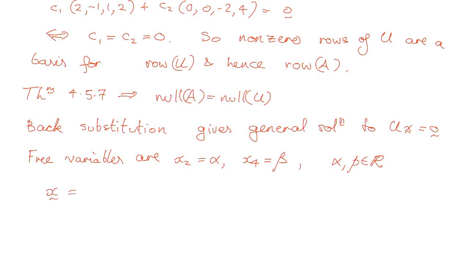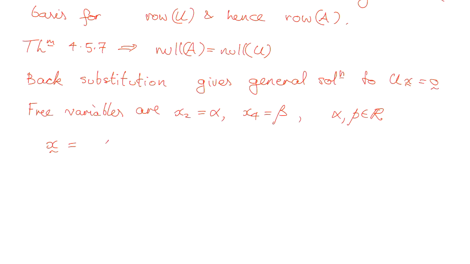And if you solve it, you get x equals alpha (1/2, 1, 0, 0) plus beta (-2, 0, 2, 1). Okay? So you write down the general solution. It's going to have two free variables in it.